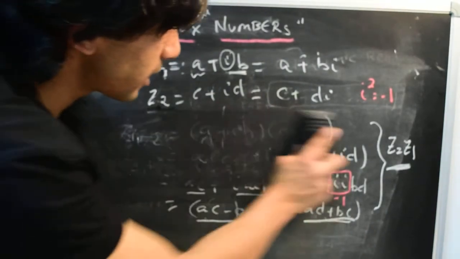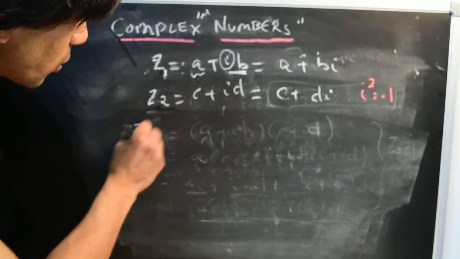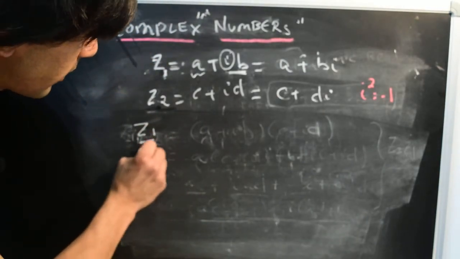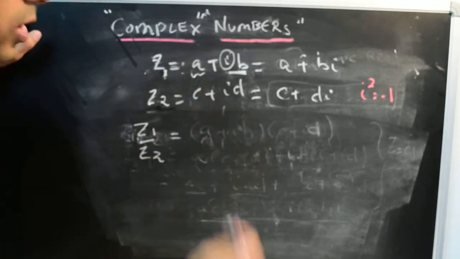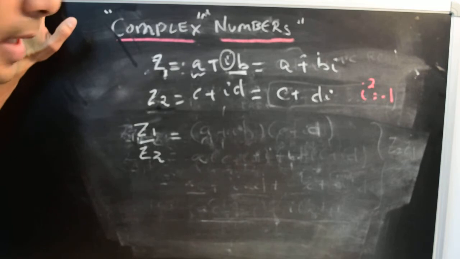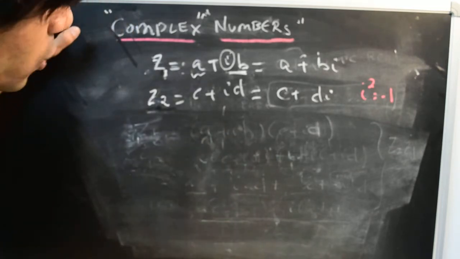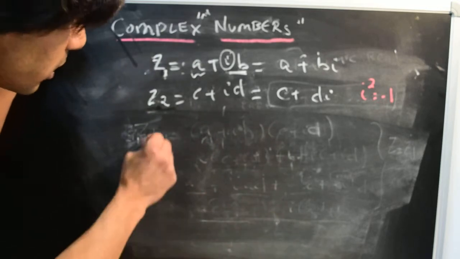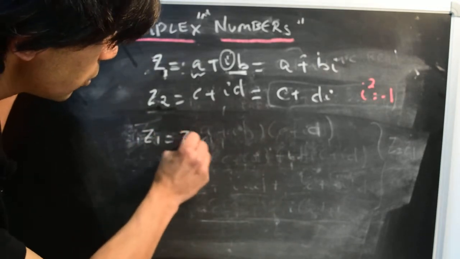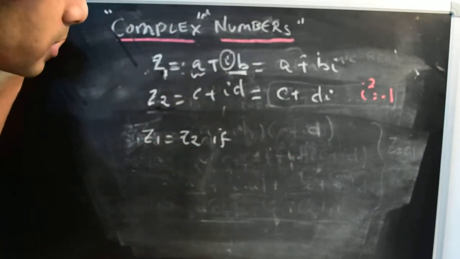And the last step is to define division of complex numbers. So z1, let's say, divided by z2, provided z2 is non-zero. So what does it mean for a complex number to be non-zero? Actually, let's do that first. Two complex numbers are equal to each other, so z1 is equal to z2, if their real parts are equal and their imaginary parts are equal.